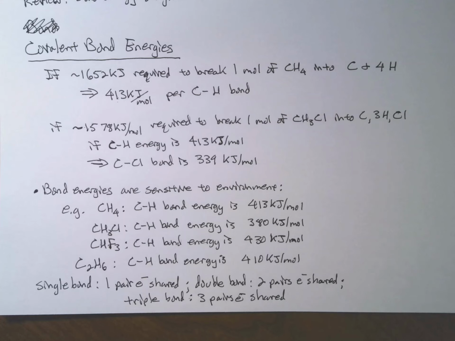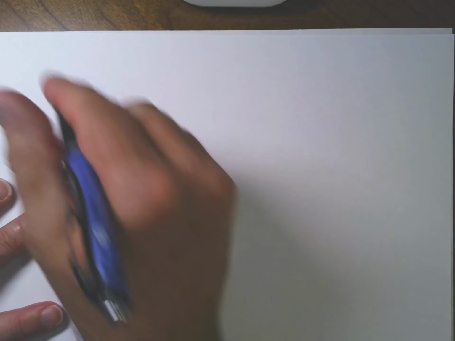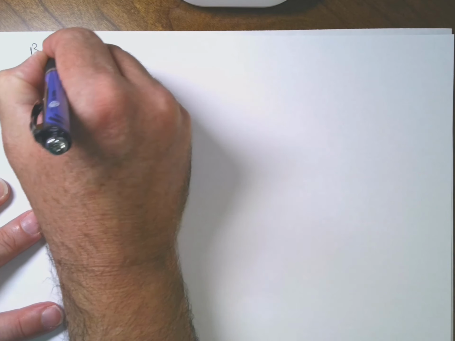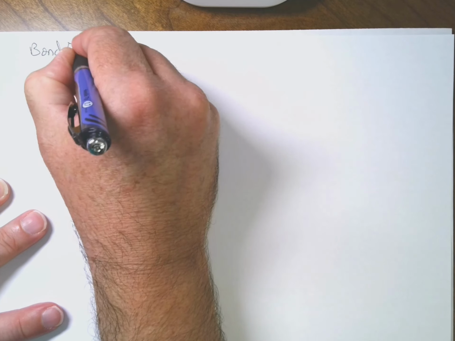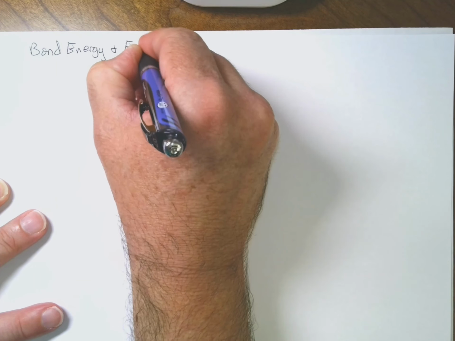Okay, so we can go ahead and do a little more quantitative work here if we want. And really in this chapter, I don't want to get bogged down on too much quantitative stuff, but let's take a look at bond energy and enthalpy.